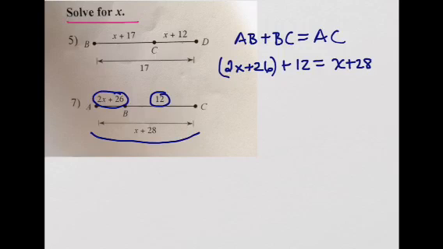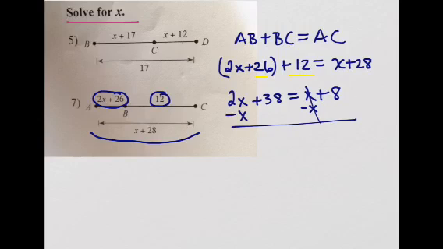Okay, so now we're going to simplify. Notice on the left side I have two constants, so I'm going to put those together, combine those, so I have 2x, and 26 and 12 is 38. Okay, so now I have x's on both sides, right, and constants on both sides. So I'm going to subtract x from both sides.